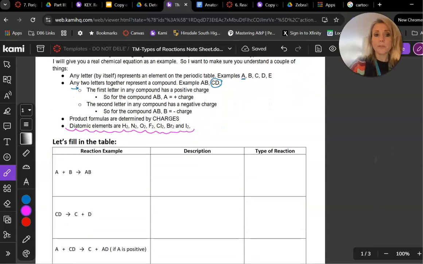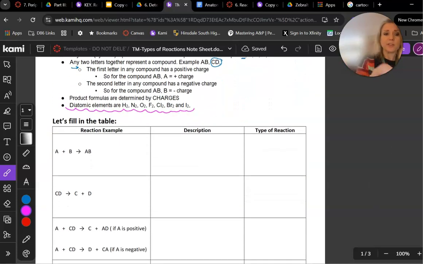The very first reaction example that we see here is A plus B yields AB. What we have here are two elements that become one compound.